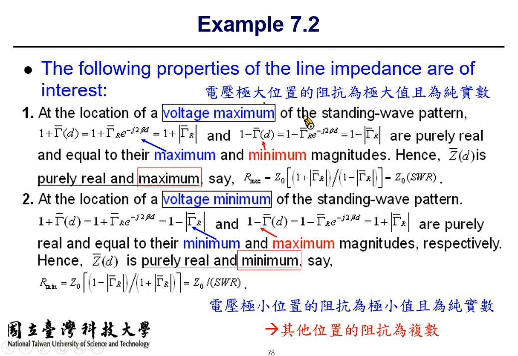If you divide maximum voltage by minimum current, you end up with the product of characteristic impedance times the SWR value. So that will be actually the maximum impedance. That's the maximum real impedance you can find with this termination on the constant SWR circle.